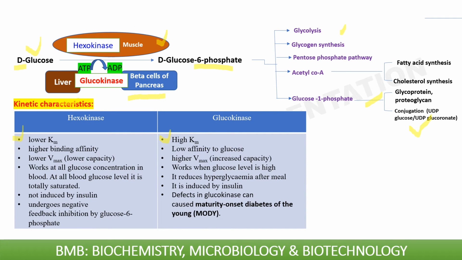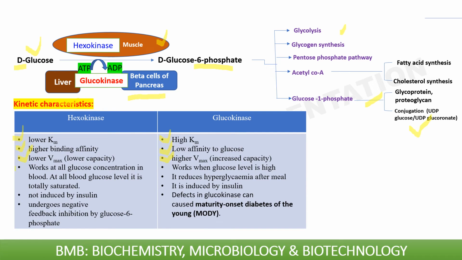Hexokinase, as the Km value is low, has higher binding affinity for glucose, whereas as Km value is high for glucokinase, it has low affinity to glucose. If you compare Vmax value, we will find that hexokinase is with lower Vmax, whereas glucokinase shows higher Vmax.